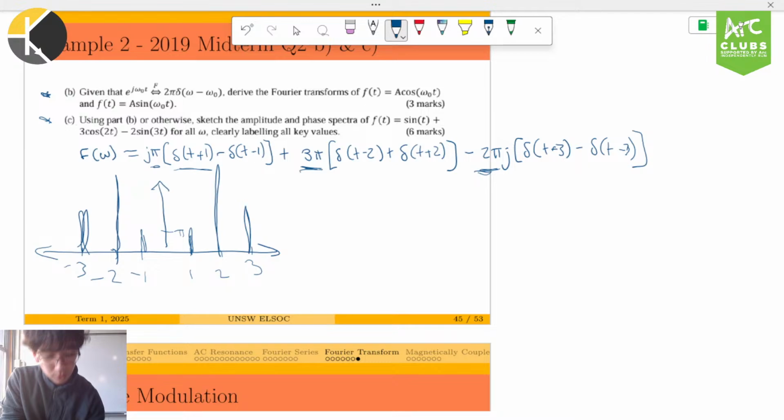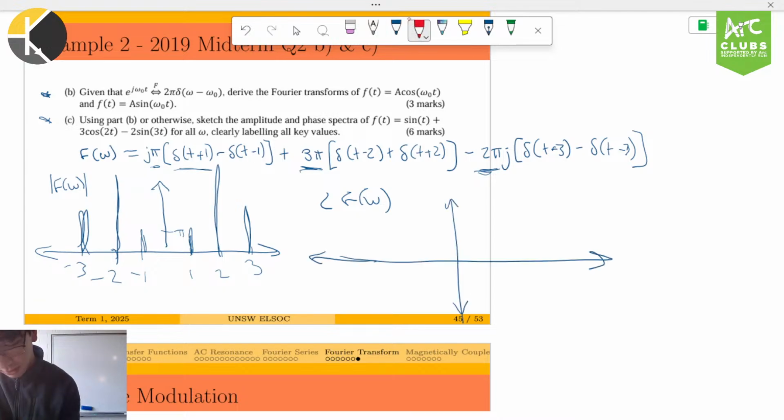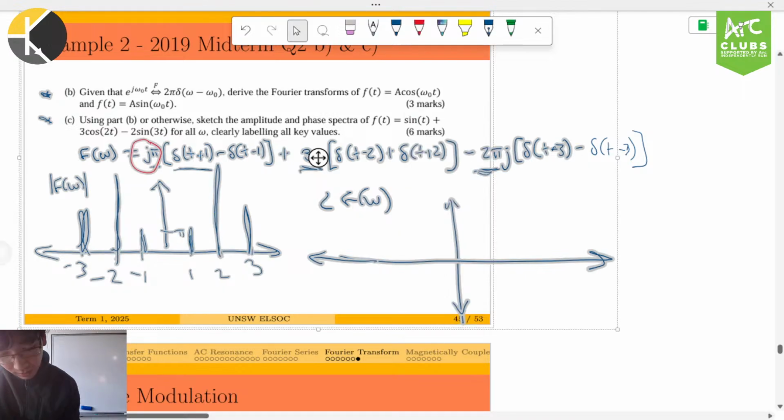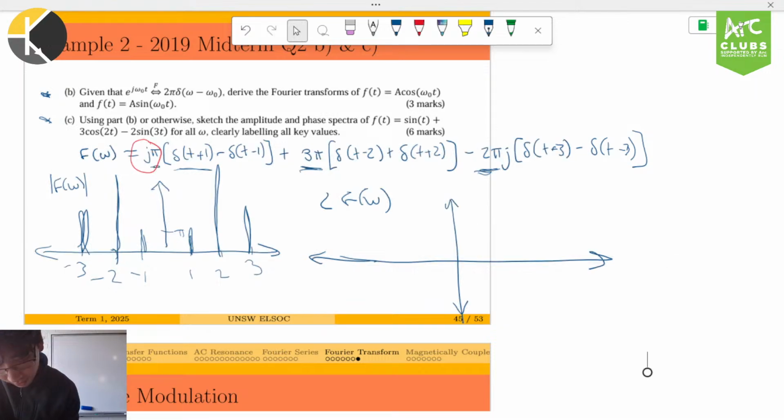Your phase spectrum. Here we need to take into consideration the j that's sitting at the front of these functions. So we have a positive j sitting outside delta at minus 1, which is a phase of positive 90.